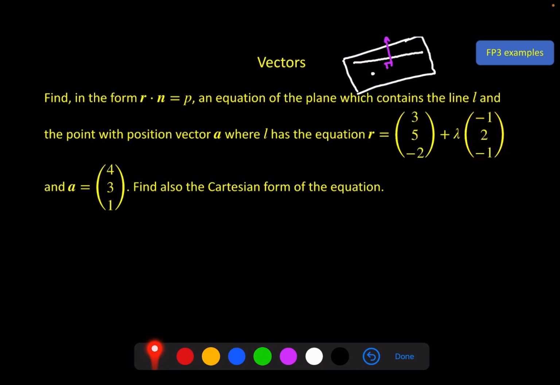So long as we can find a second non-parallel vector, then we can cross those two to find the normal. And we can use the point on the line given here, (3, 5, -2), and the point that's not on the line that's given to us, and we can make a second vector in the plane here.